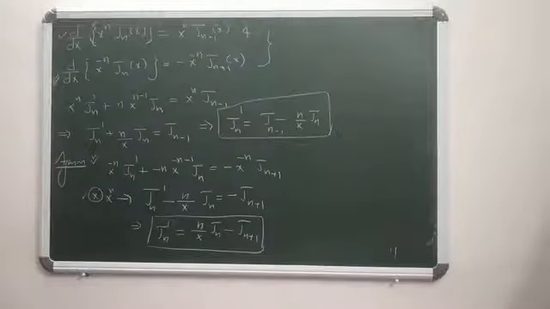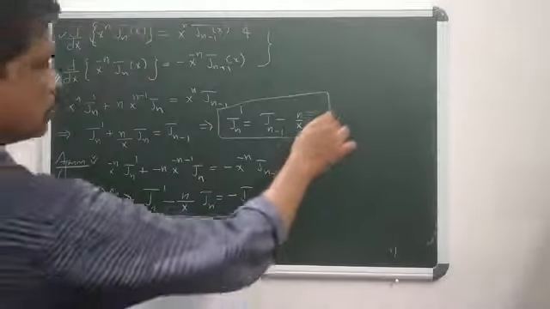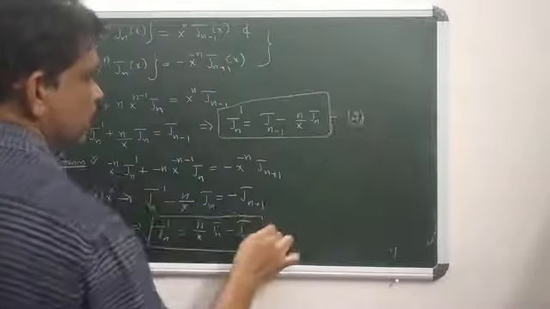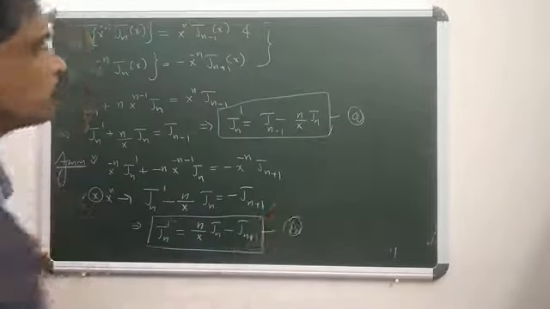One is Jn prime equals Jn minus 1 minus n by x Jn, and the second one is Jn prime equals n by x Jn minus Jn plus 1. So these are important results, A and B. Consider these two relations.